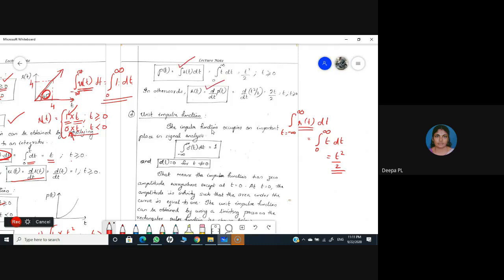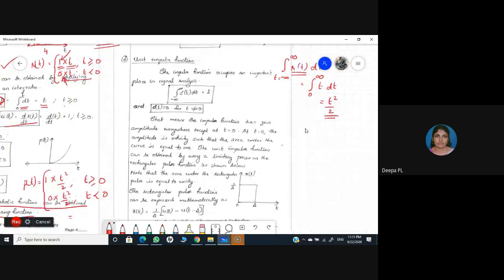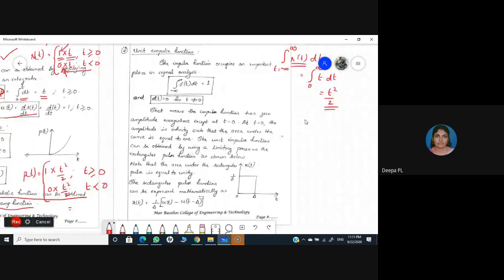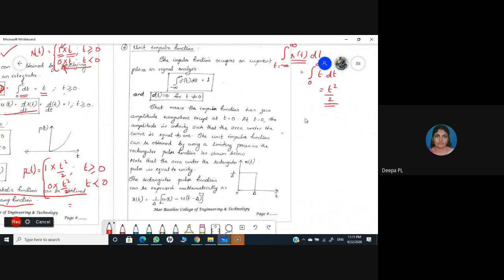Then you have another signal, the most important signal in signal processing theory, the unit impulse signal. So what is a unit impulse signal? A unit impulse signal is a function which satisfies the condition that the integral over t from minus infinity to infinity of del of t dt is equal to 1.